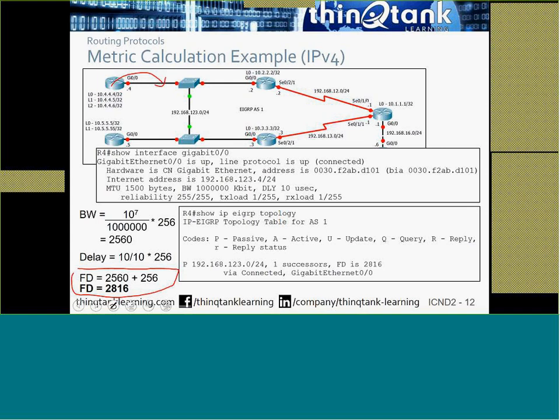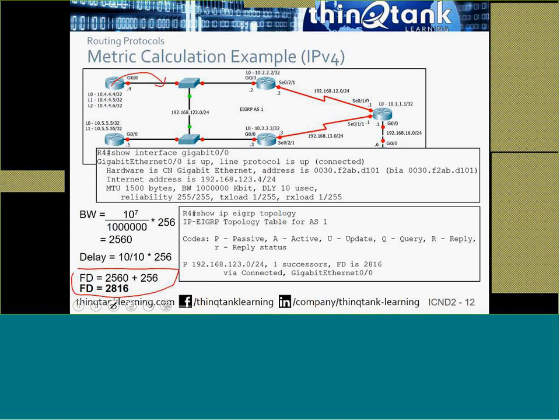Now, granted, that is a connected network. So it's not going to show up in the routing table as an EIGRP route, because it's going to show up as a connected route. Does anybody actually know why it doesn't show up as an EIGRP route, but shows up as a connected route? It kind of has to do with the fact that it's connected, right?